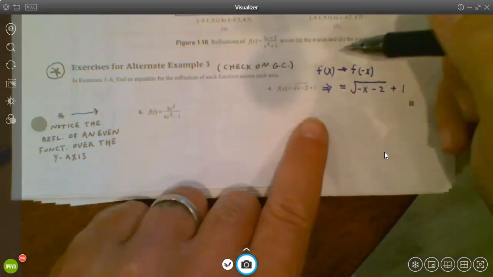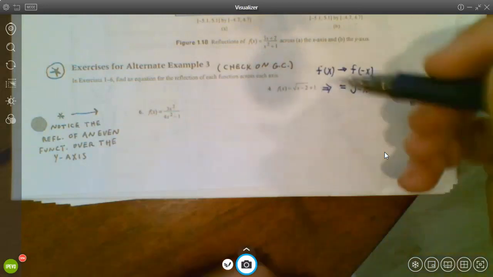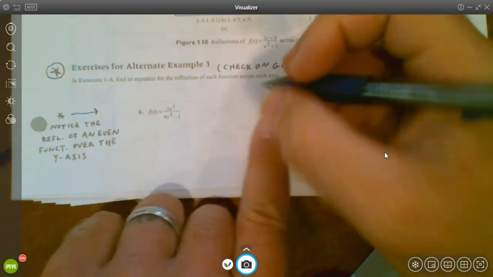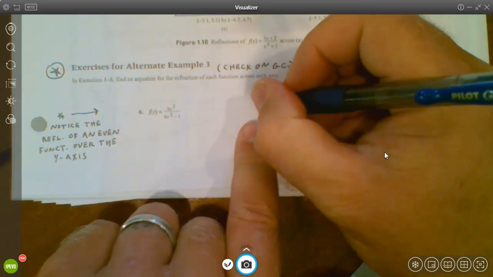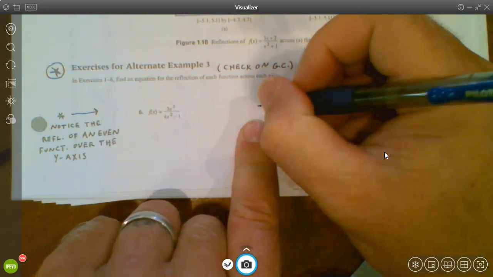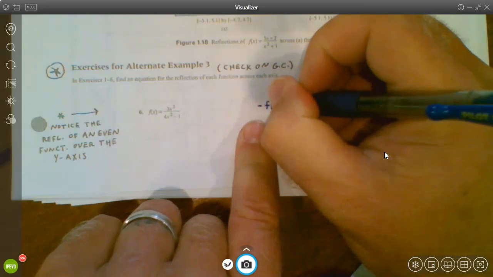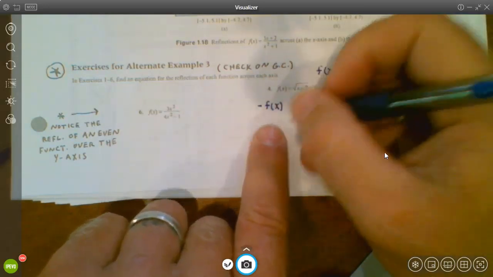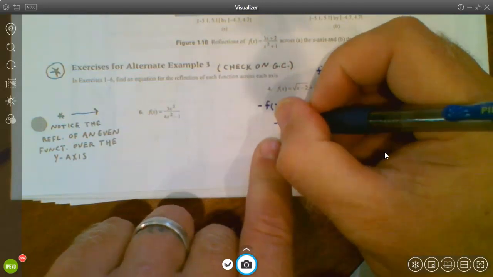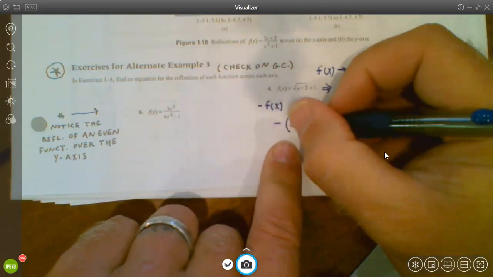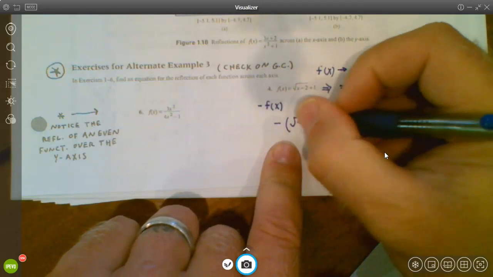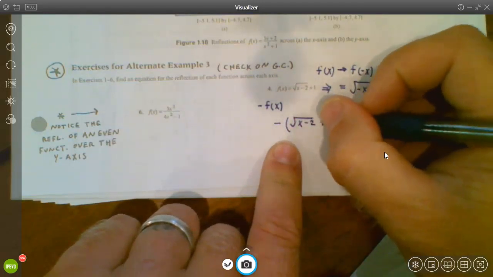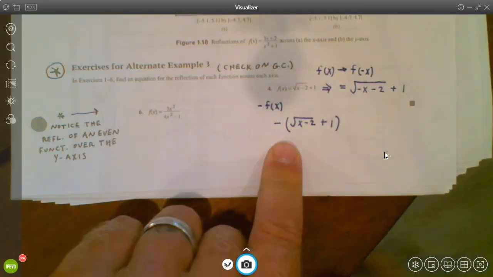Okay, and if you wanted to do the other one, up and down over the x-axis, anytime I want to do something that's up and down, I need to apply the negative to the entire function. So I'm going to apply this rule right here. We need to apply this negative to the entire function and do this.